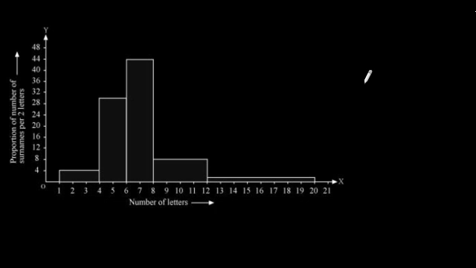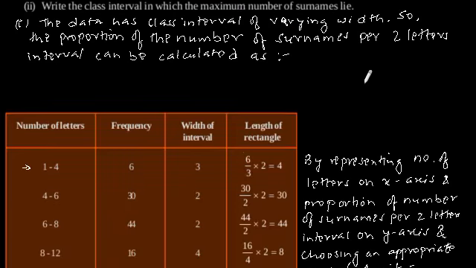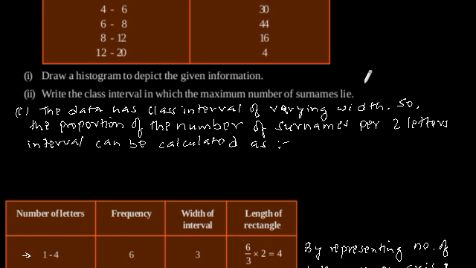Now solving for the second part. Second part is: write the class interval in which the maximum number of surnames lie.